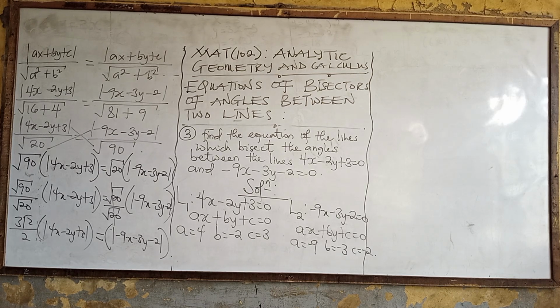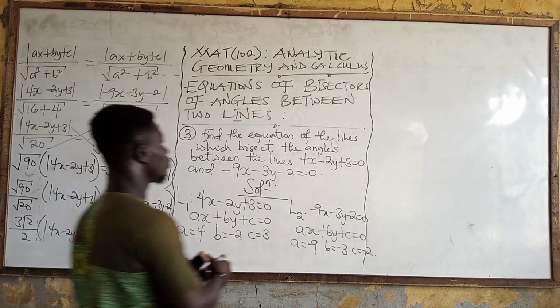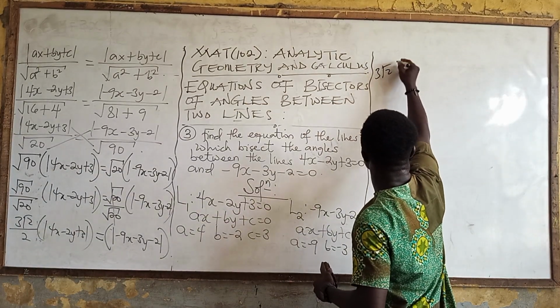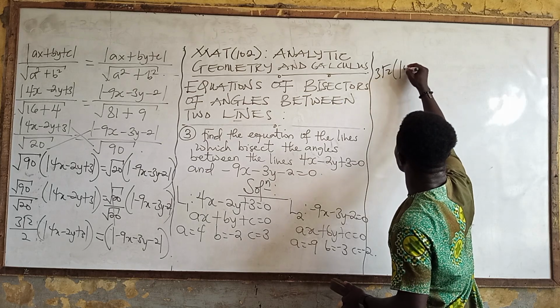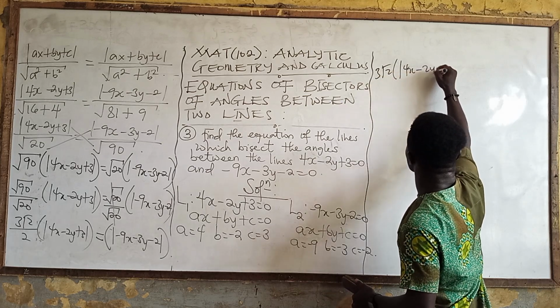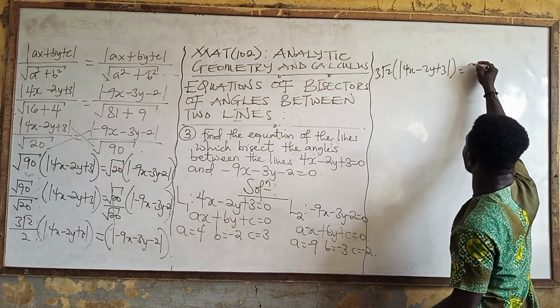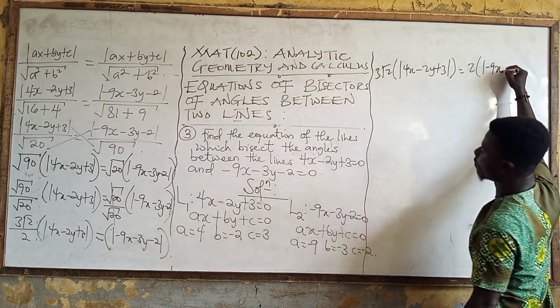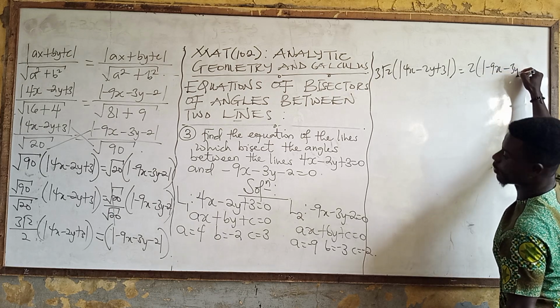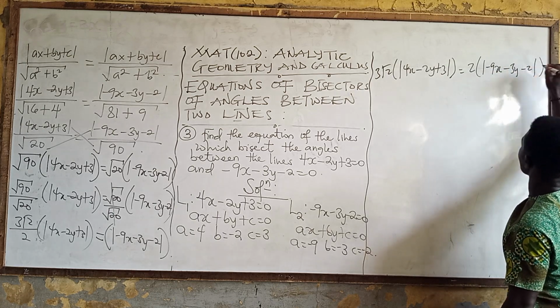We can multiply by 2. So we get 3 root 2 multiplying the absolute of 4x minus 2y plus 3 equals 2 multiplying the absolute of negative 9x minus 3y minus 2, right?